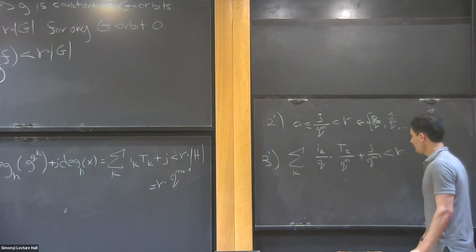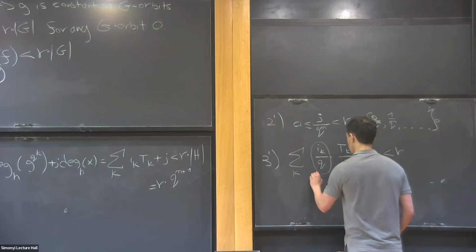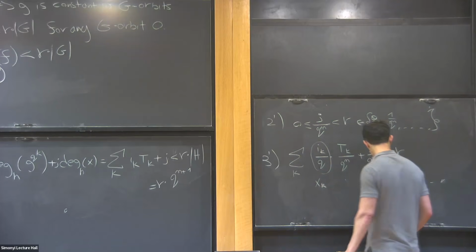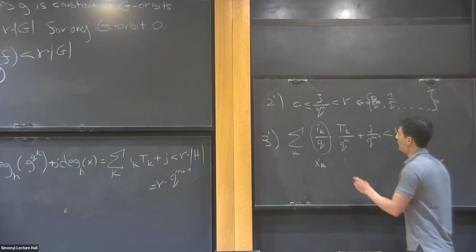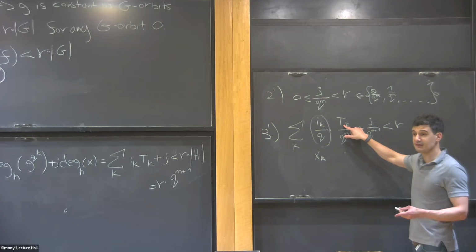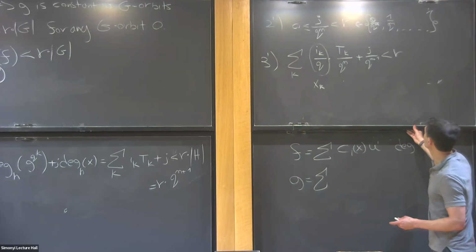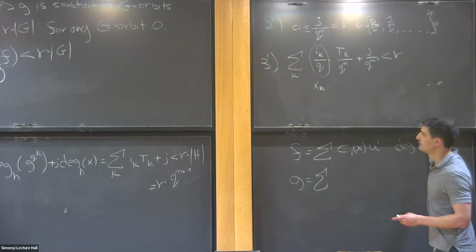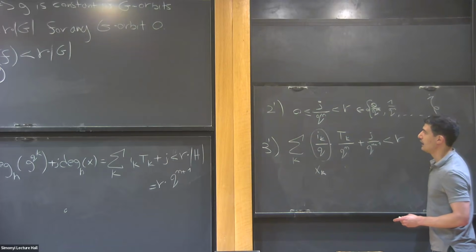Now, let's define this object to be xk. So now, intuitively, what happens? TK, most of the time, was written somewhere and then erased.